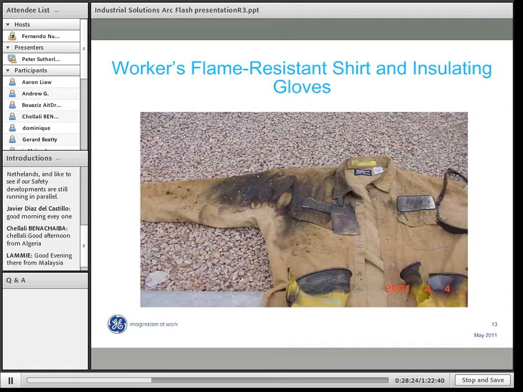So despite wearing what was advertised as flame-resistant clothing and wearing insulating gloves, the worker was still not protected. And it says also that another cause of this failure was that there was a slow protective device. That is, once the fault occurred, it lasted maybe for several seconds. It did not have an instantaneous trip device. It might have had a slow-acting fuse that was providing the protection.